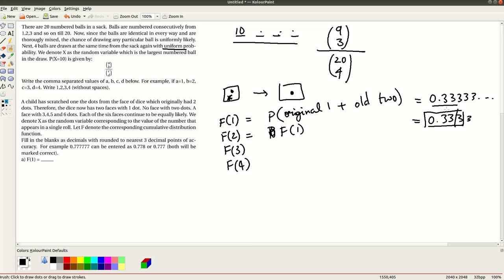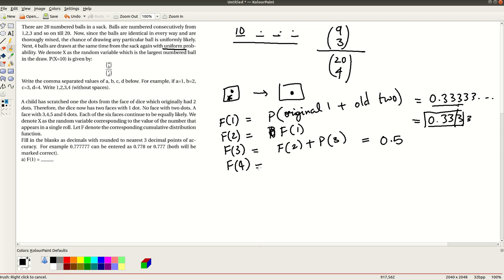All right. So this is f of 2, and then f of 3. F of 3 is f of 2 plus the probability that you get a 3, so this will be 1/3 plus 1/6. That means it's going to be 0.5.